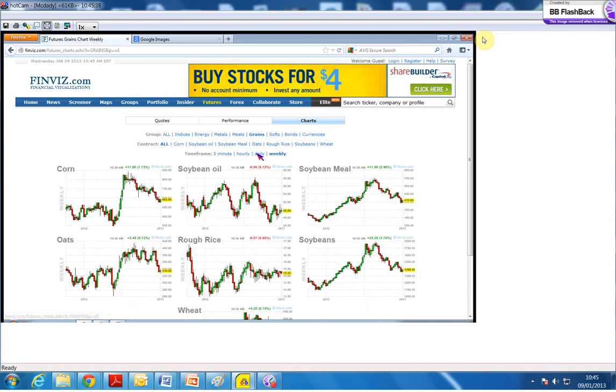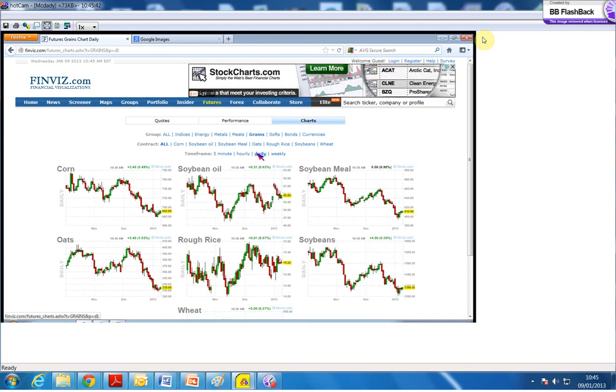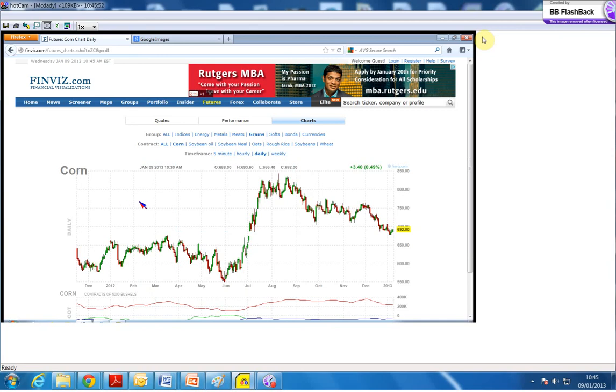The grains are very, very interesting, in particular the corn and the oats and the wheat. If you look at the corn, your structure point is right there, and this is a double structure point. We have now broken below that structure point with momentum.